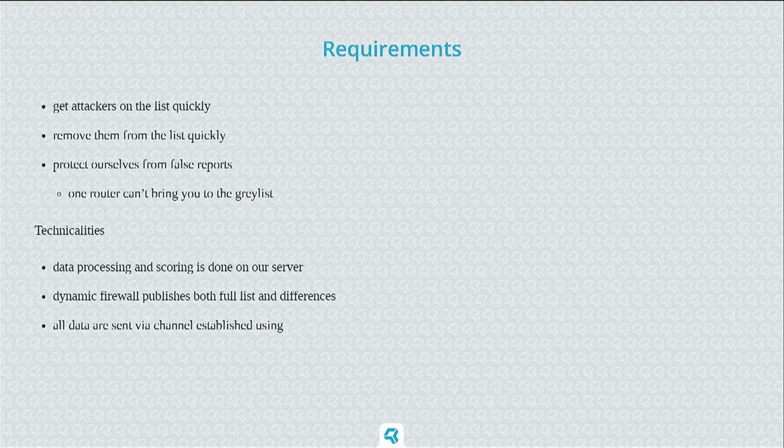So one router can't bring you to the gray list. We have to have reports about a bad guy from different routers and with different actions and stuff like that. So that's the part that is constantly evolving, how we evaluate the stuff on the server. We are continuously trying to improve that.